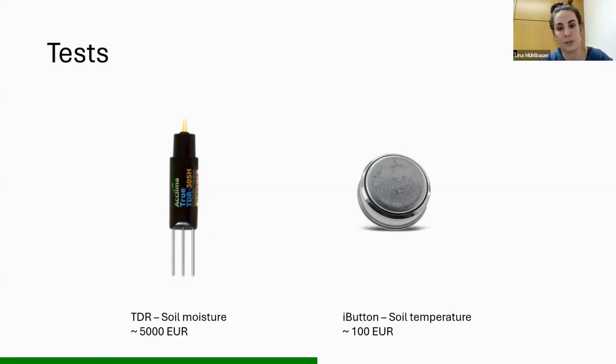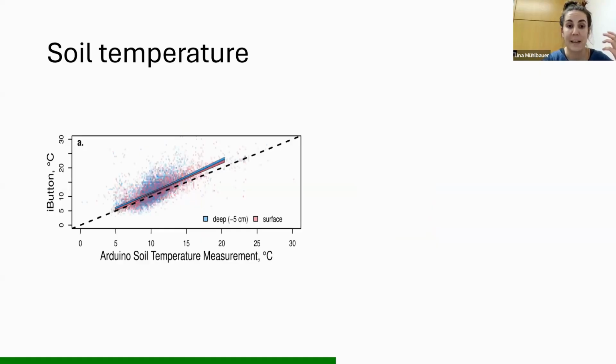So you probably also know them. That is for soil temperature measurement, but only for one soil temperature point measurement, and it's about 100 euros. So you can imagine it would be much, much more expensive to perform the same kind of measurements just with these kinds of sensors. And now we already reached where I will show you some results.